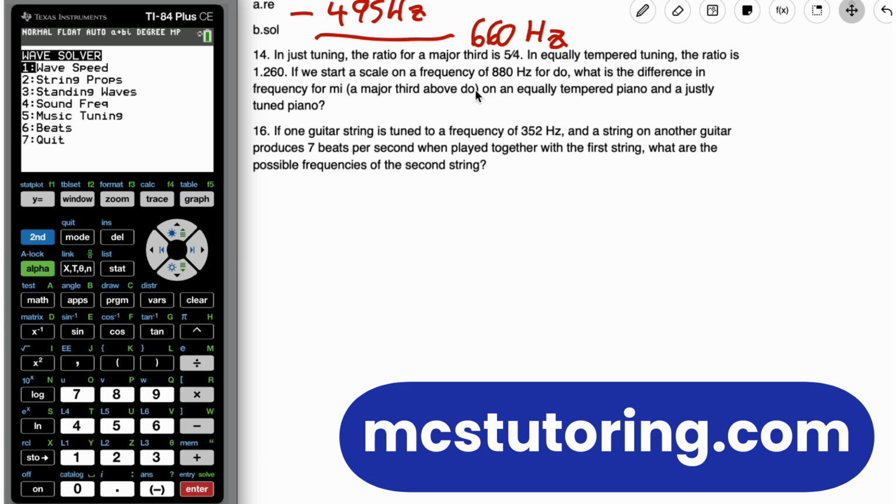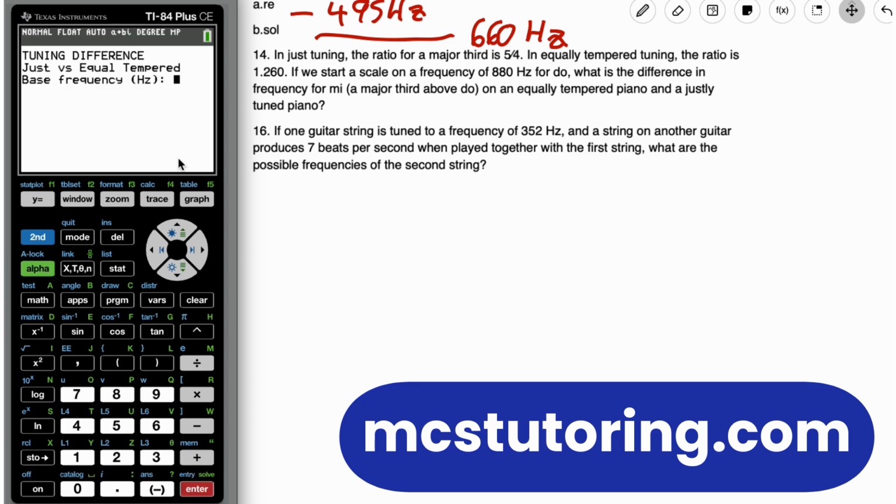In just tuning, the ratio for a major third is 5:4. In equally tempered tuning, the ratio is 1.260. If we start a scale on a frequency of 880 hertz for do, what is the difference in frequency for a mi on an equally tempered piano and a justly tuned piano? I hope this works. I think we're going to do music tuning, and we're talking about tuning difference.